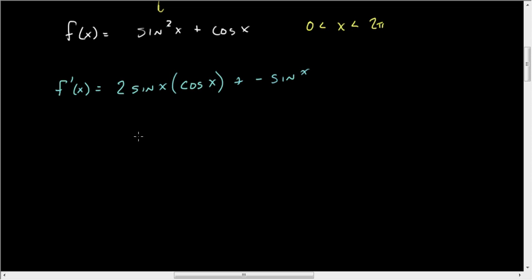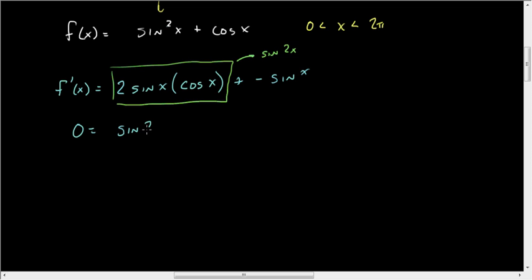And if we set that equal to 0, this part here is actually sine 2x. It's a double angle identity, so you have to be careful on these. That will help a lot. So here we have the sine of 2x minus the sine of x.